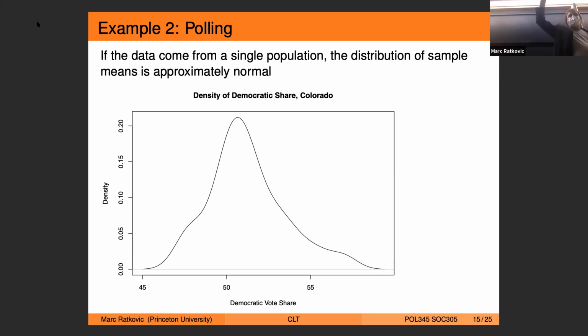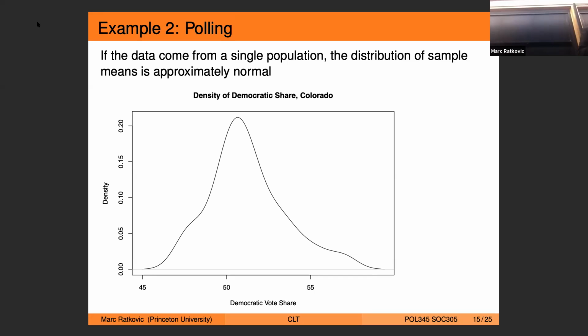Everyone who's asked that question, it's a 0-1 decision for them, right? Which means if we add them up and take an average, we expect it to be normally distributed. To put it differently, if we were to have a bunch of different polls from a single state, we'd expect the polls to appear approximately normally distributed.